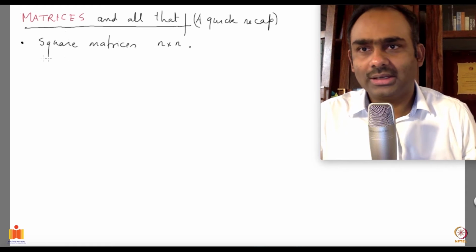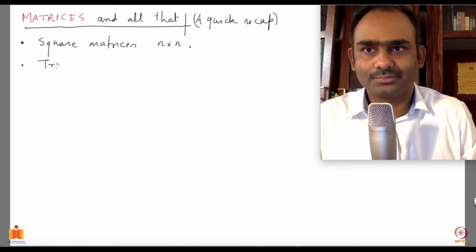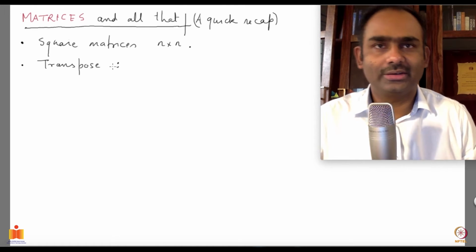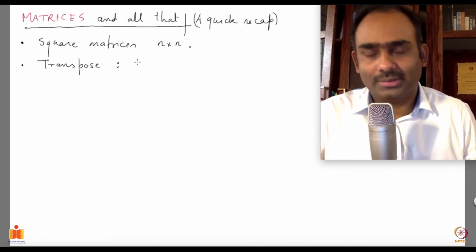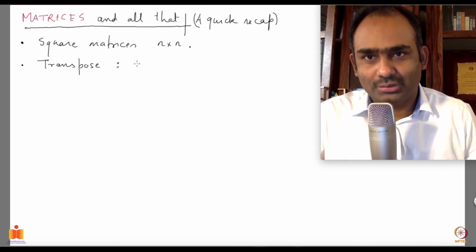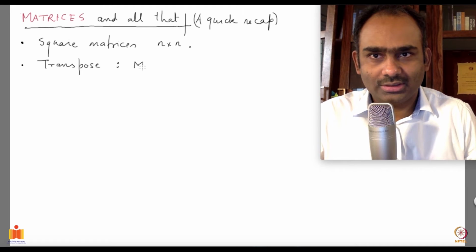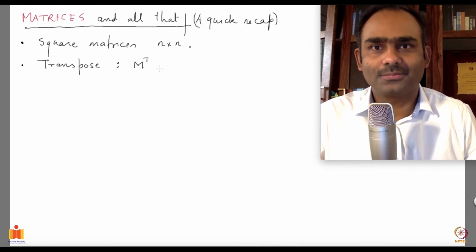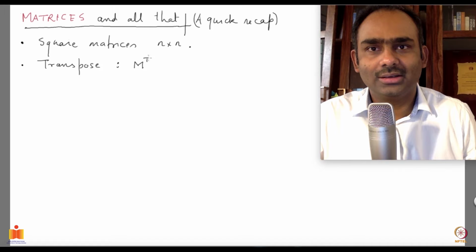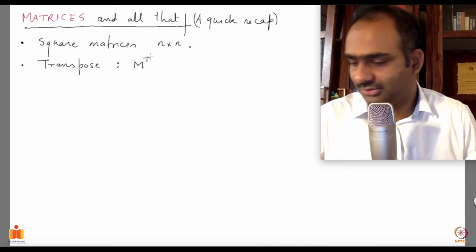And as you know, to a matrix you can define a transpose. So if you have a matrix M, a square matrix, you can define a transpose M transpose, which you obtain by interchanging the rows and columns.